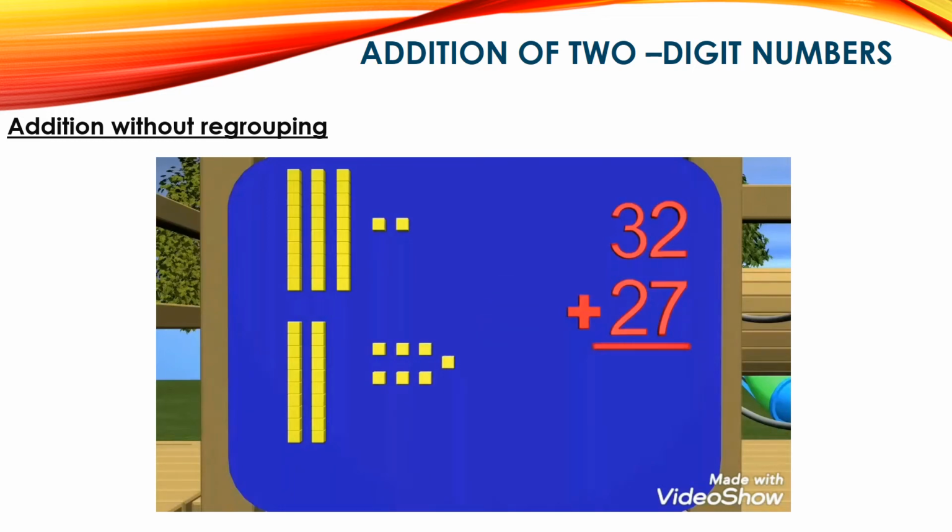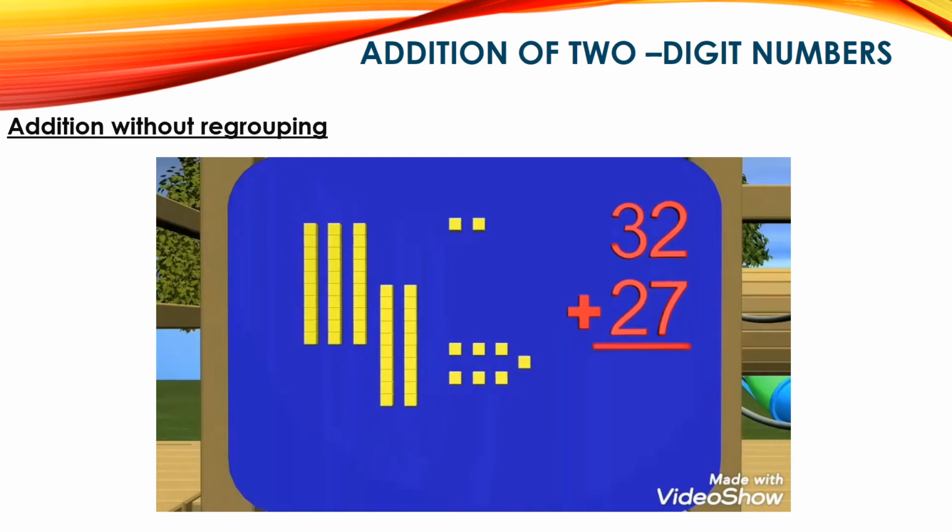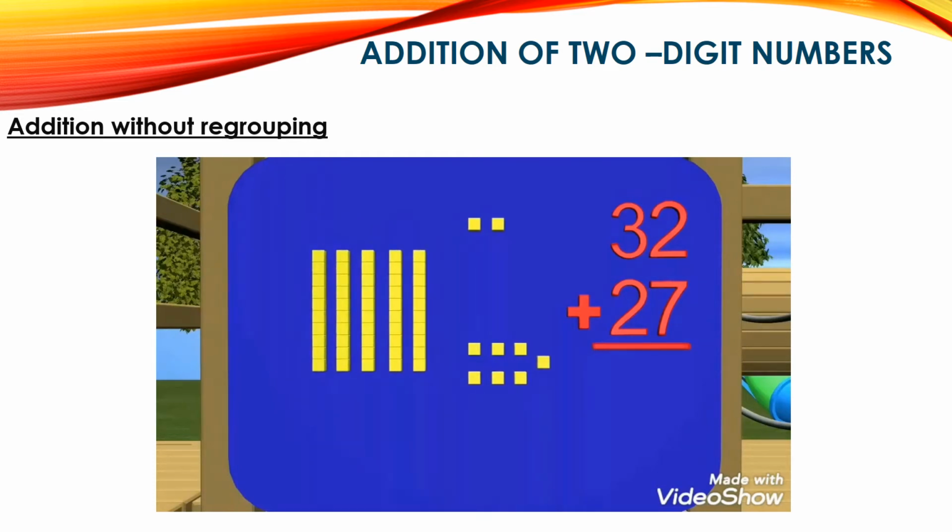And this you have to join together to make the tens and ones place. Join all the tens together and all the ones together and count. 2 plus 7 is how much? 1, 2, 3, 4, 5, 6, 7, 8, 9.